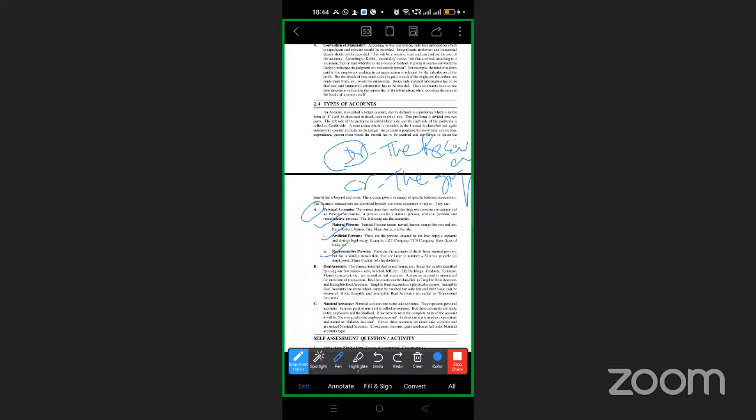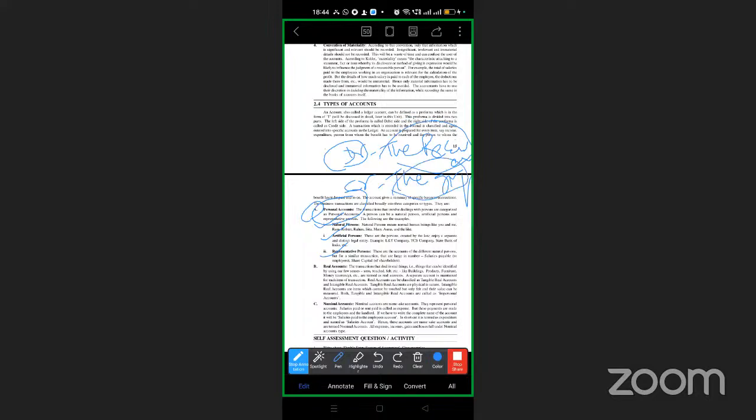B is the receiver, and A is the giver. So as per personal account, if any name comes, we see whether he is a receiver or a giver. If he is a receiver, we debit him, and if he is a giver, we credit him.